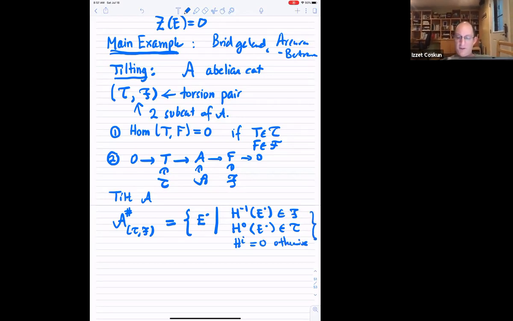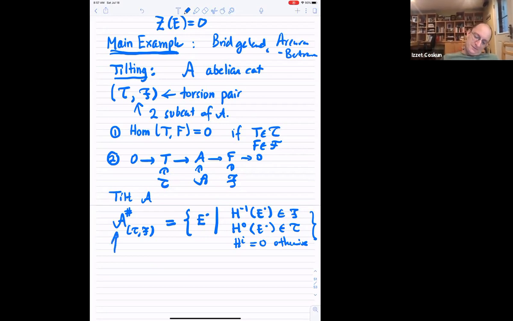Okay, so then you get a new category in the derived category. It turns out that this is also an abelian category, and if A was the heart of a bounded t-structure, so is this one. Okay, so this allows you to get the new abelian category. All right. Okay, so now let me write this new heart of bounded t-structure.